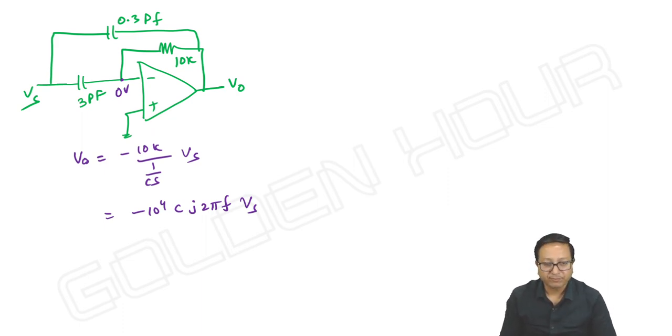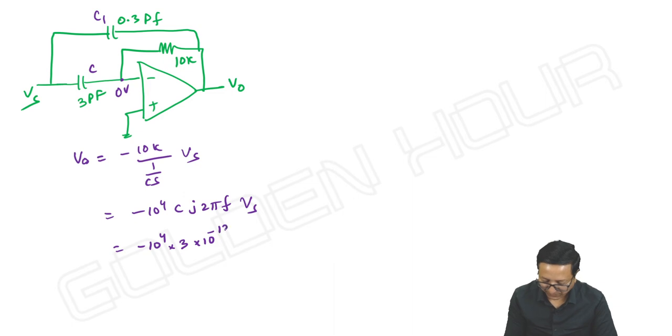Okay, so what is the value of the capacitor here? It is C, let me write it as C1. I need not worry about the value of C1. So it is 3 picofarad minus 10 power 4 into 3 into 10 power minus 12 into j 2 pi F, F is 50.